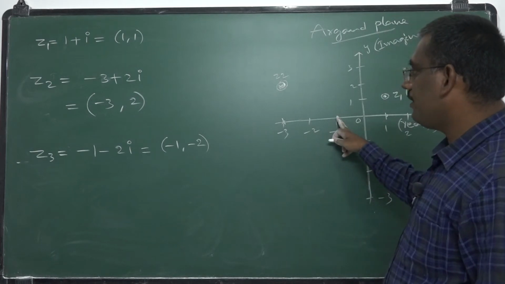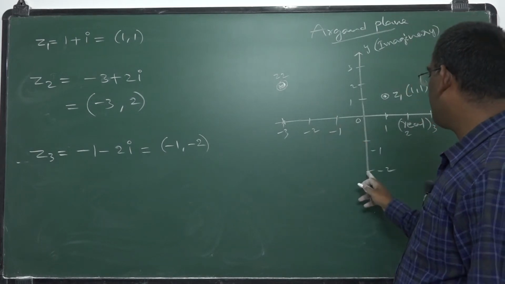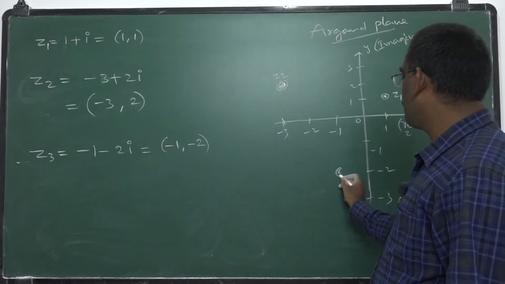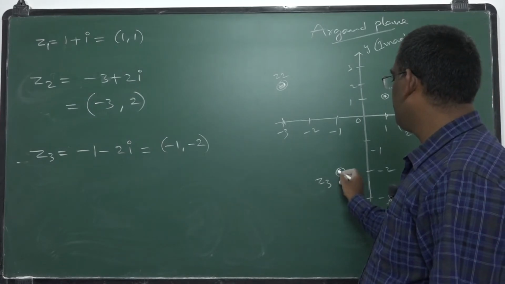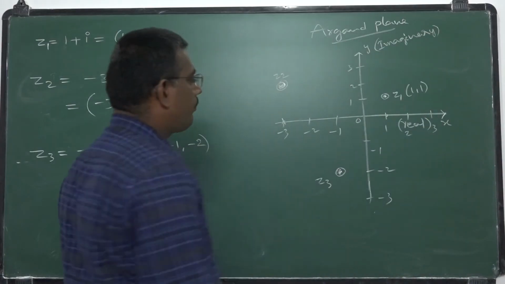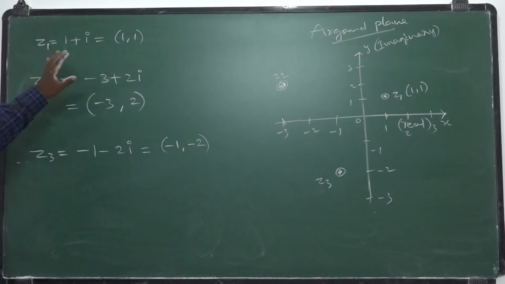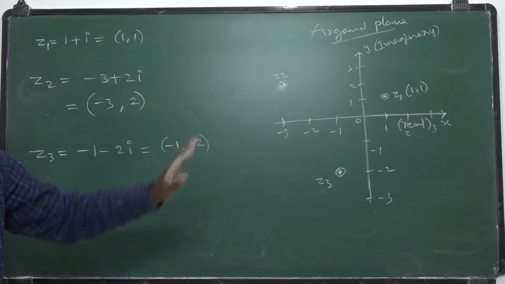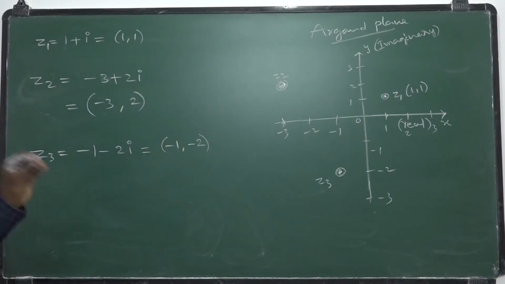This is the location of the point z3. Okay, so this is how to plot the complex numbers on the argand plane. Each and every complex number we can plot on the argand plane, right?